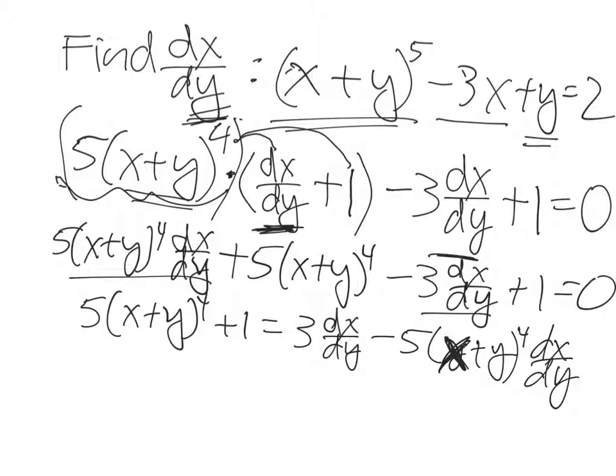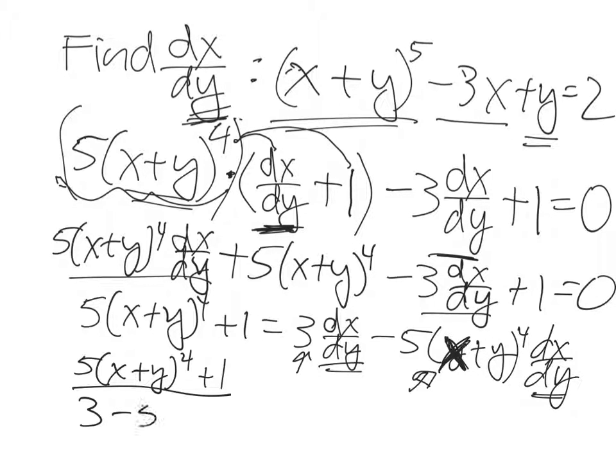And let's see. Yeah, factor that out and then divide by the 3 minus 5 to that power. Kind of running out of room here, so we'll do a quick solve of the rest of the steps. And there's your dx by dy.